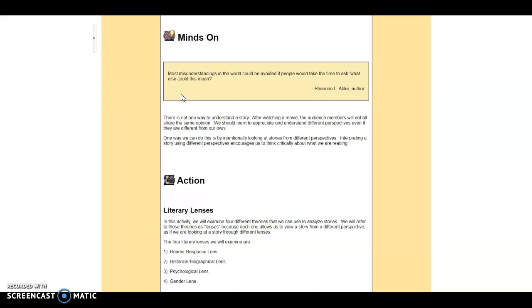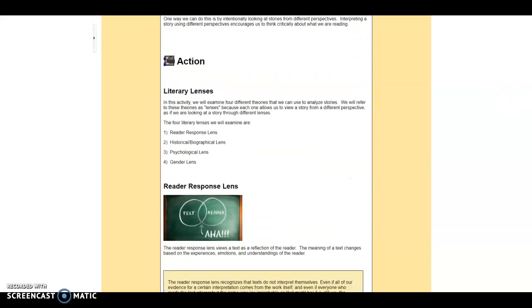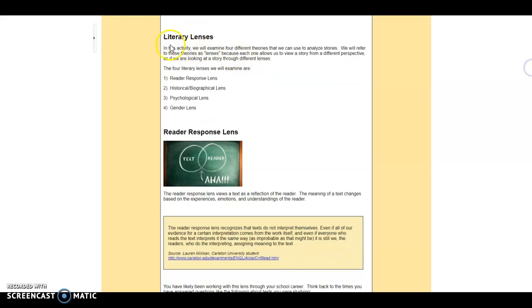There's multiple different perspectives that we can use to analyze whatever it is that we're listening, reading, or watching. And specifically, we're going to look at 4 what we call literary lenses. So 4 different perspectives or theories that we can use when we want to analyze something.